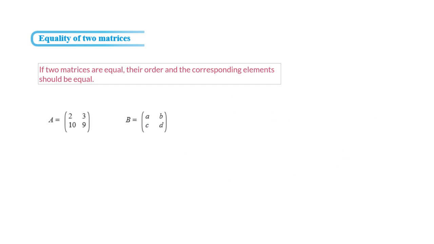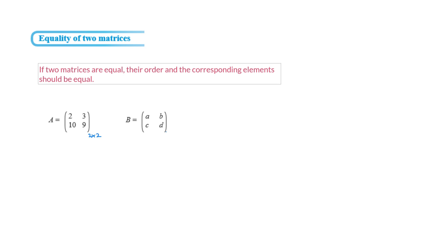Equality of two matrices. If two matrices are equal, their order and the corresponding elements should be equal. You have matrix A here, 2, 3, 10, 9, and B you have a, b, c, d. The order of A is 2 by 2 and B is 2 by 2. Order is equal here.